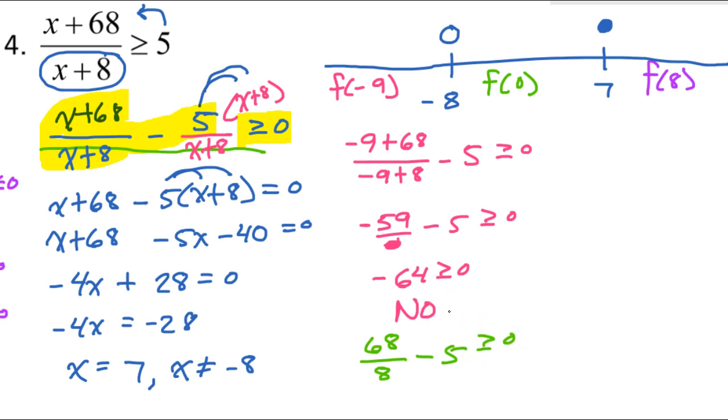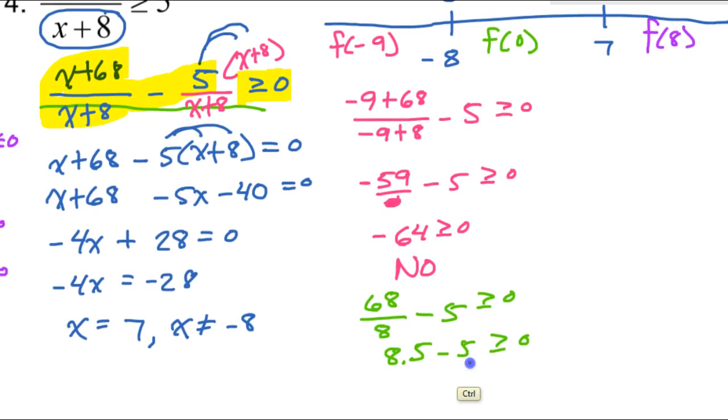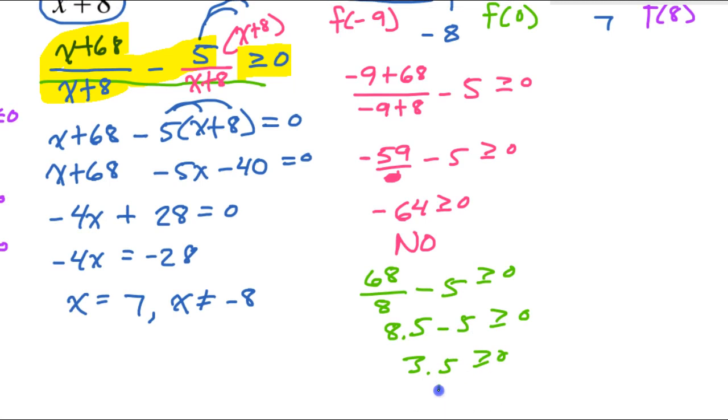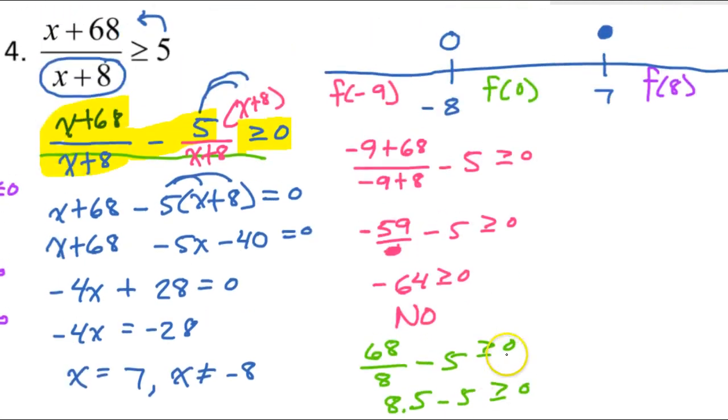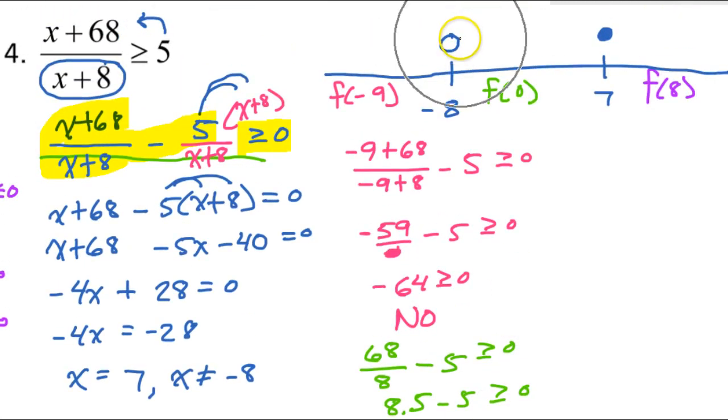Okay. 68 divided by 8 is 8.5. So I've got 8.5 minus 5. Okay, so that's going to be 3.5. That's definitely greater than 0. It's positive. So that's a yes. So that means I have solutions in this interval.